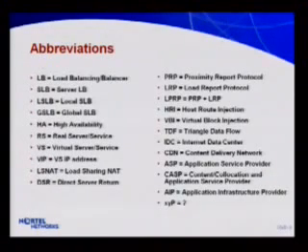Since every presentation should be accompanied with a lot of abbreviations, here they are. LB stands for load balancing or load balancer. SLB is server load balancing, and so on. The most important ones will be RS and VS. RS stands for real server or real services, and VS stands for virtual server or virtual service.